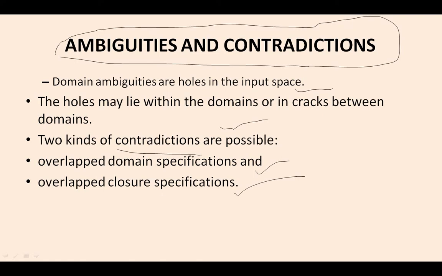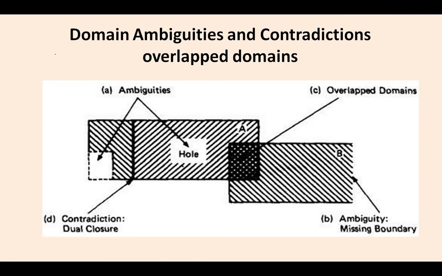Pictorially we can see how they can be represented. Now see here in this example we have the domains. Capital A is one domain and capital B is another domain. Both are overlapping with each other, and ambiguities are there.